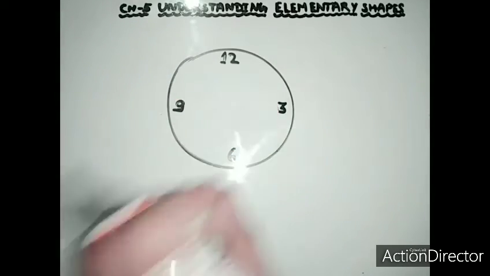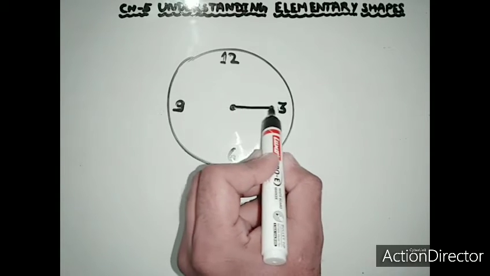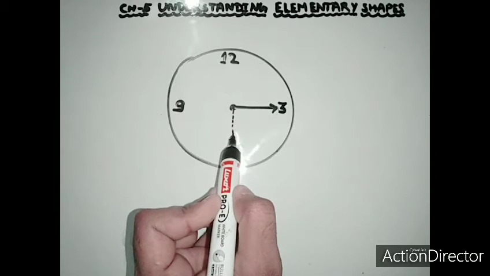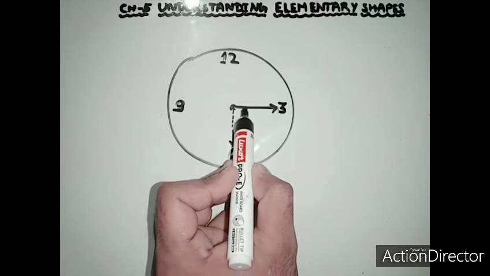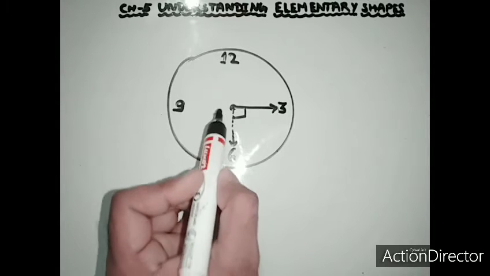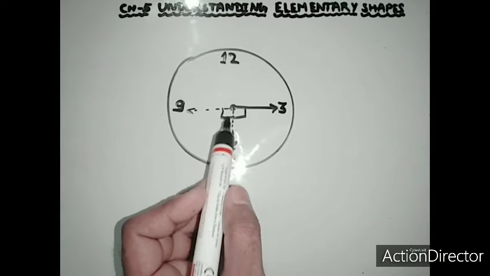So the minute hand moves from 3 to 6, it forms 90-degree angle here, and when it moves again 6 to 9, it again forms 90-degree angle.